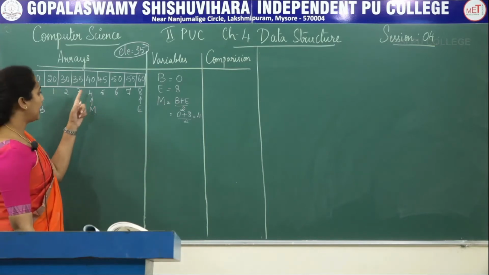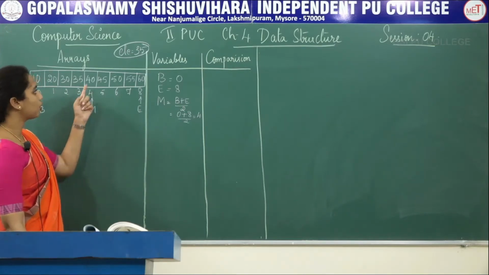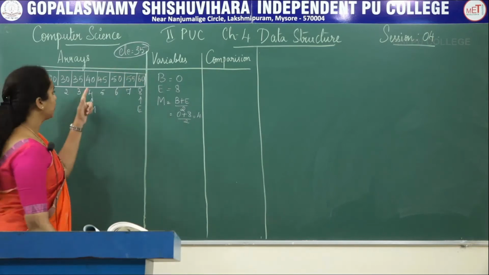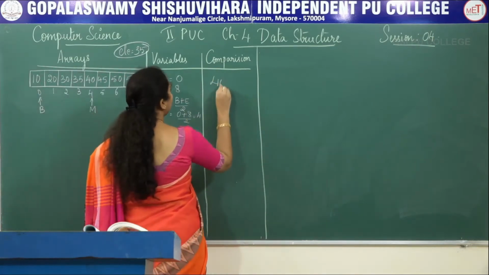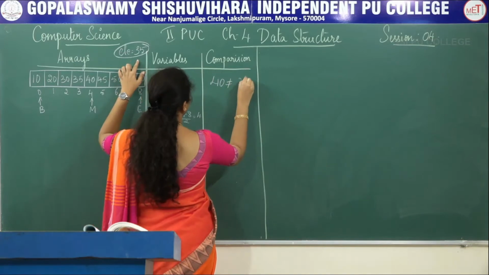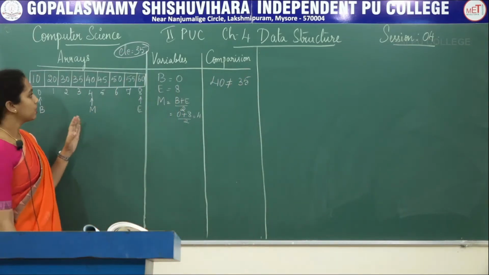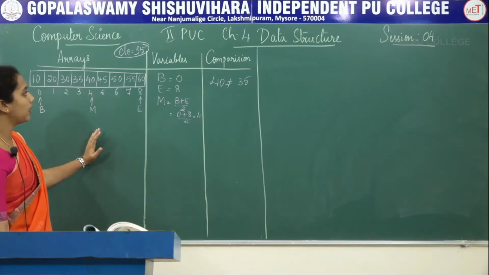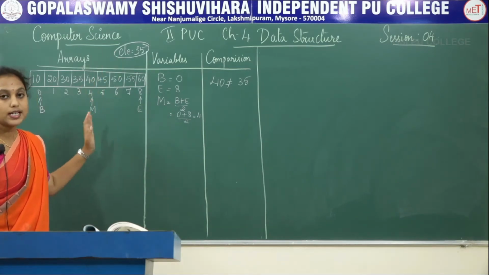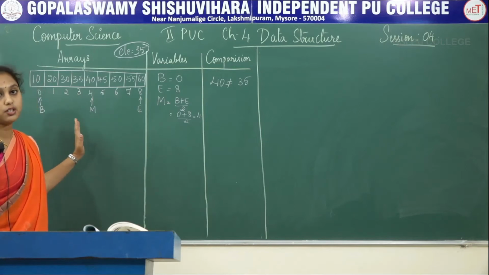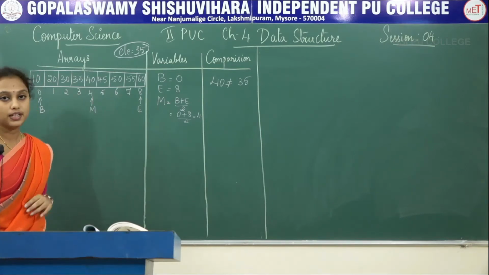Compare the element at position 4 with the search element. 40 does not equal 35. So we have to check whether the search element is less than the middle element or greater than the middle element.